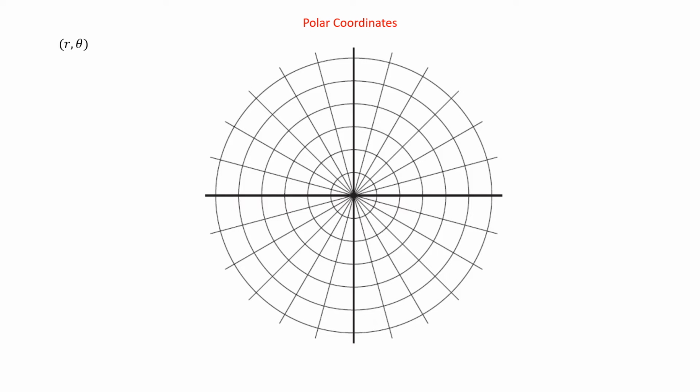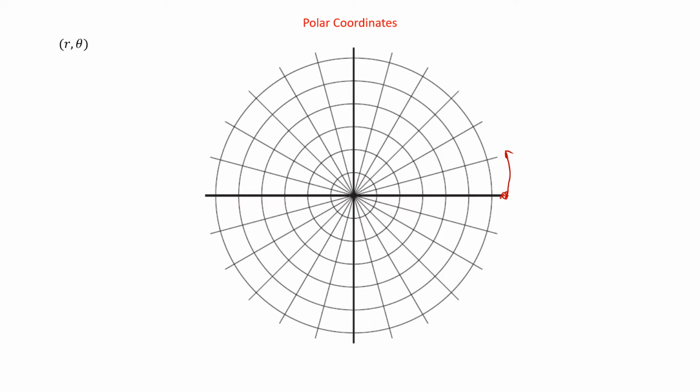Instead of x comma y, each point is a distance away from the origin, and then an angle measured just like we measure angles, starting at our positive x-axis and going counterclockwise. And so that's how we signify points.